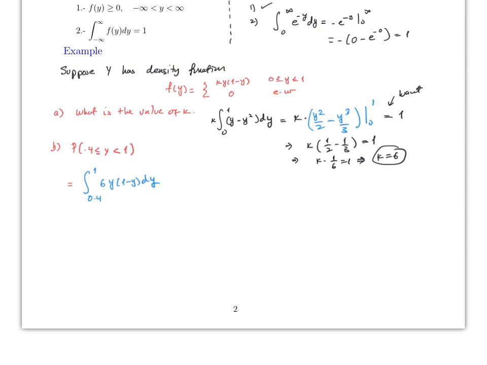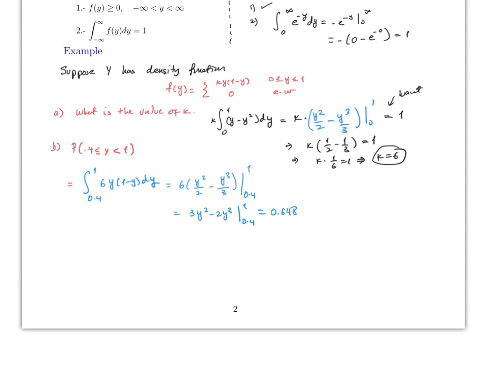So this will equal 6 times y squared over 2 minus y cubed over 3, but now it's going from 0.4 to 1. Therefore this is 3y squared minus 2y cubed from 0.4 to 1, and you should check that this is just equal to 0.648.